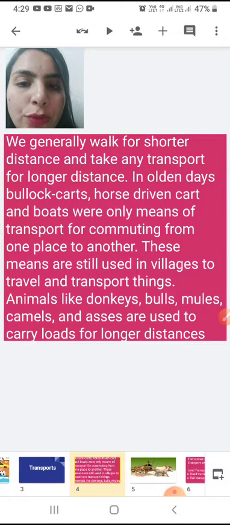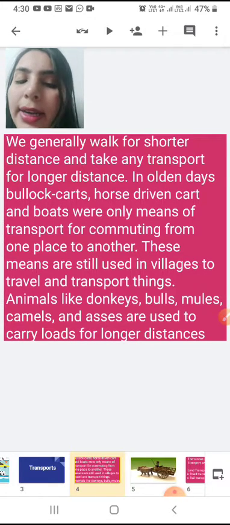These kinds of means of traveling we use in towns and cities. But in villages, we still use bullock carts, horses, and boats. Animals and asses.